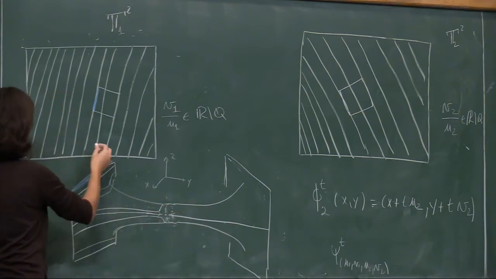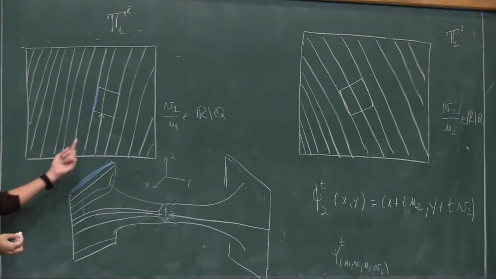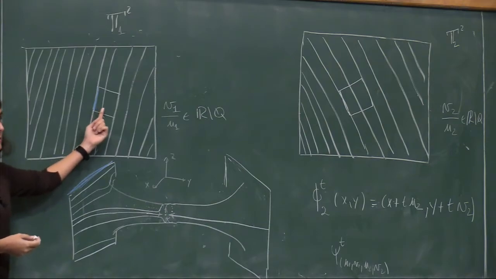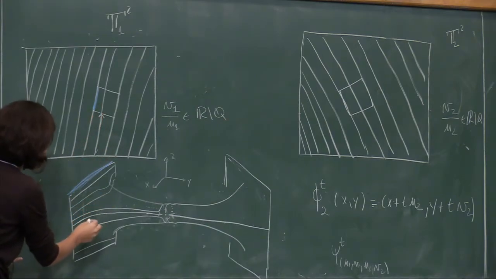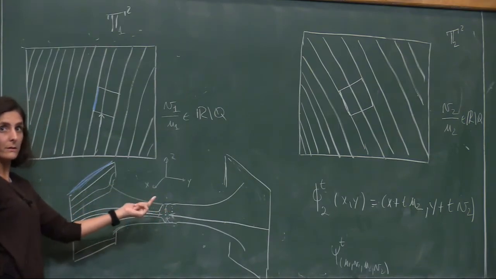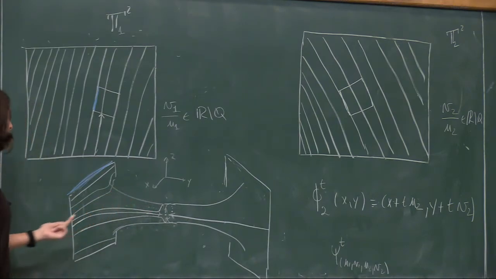Here, when I go in this square using this line here, suppose I reach this line here. Then I'll go towards the fixed point, right? So it's not like it creates a periodic orbit.